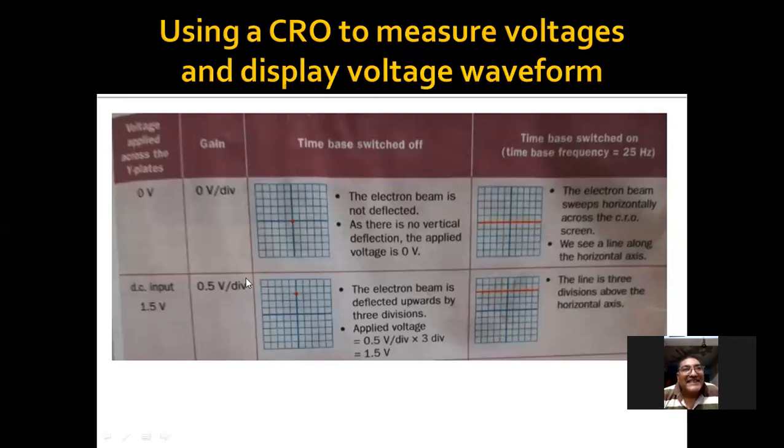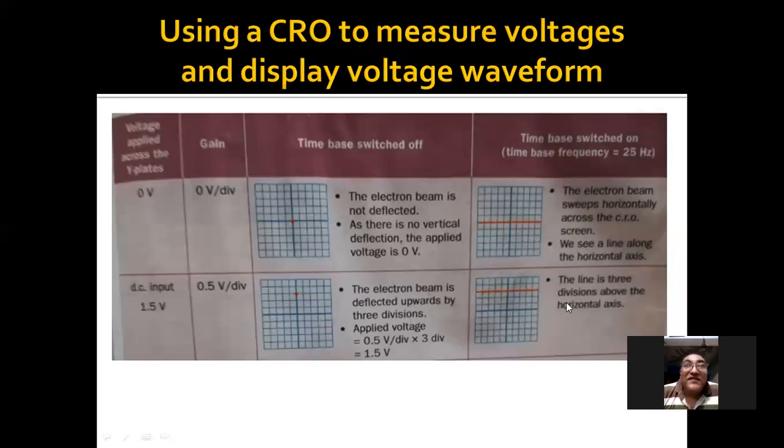So divide 1.5 by 0.5, and you get 3. When you switch on the CRO and keep the time base off, a dot will appear 3 squares above the mean position. One square represents 0.5 volt, and this voltage is 1.5 volt, so it will be 3 squares above the mean position.